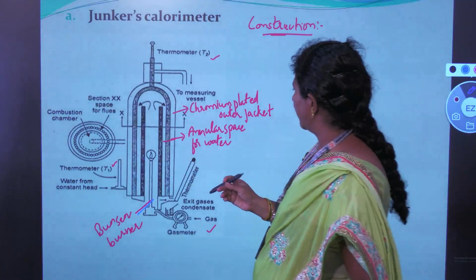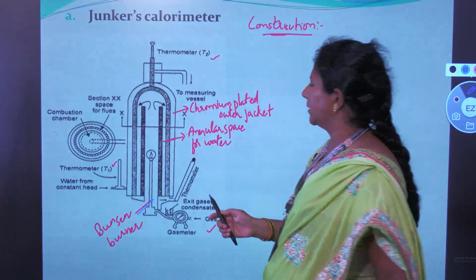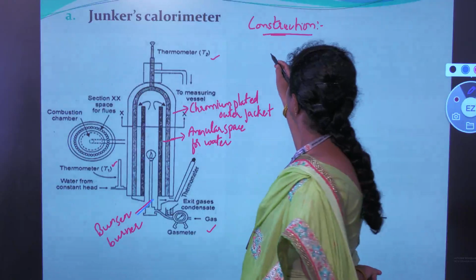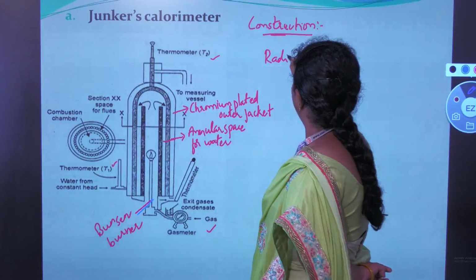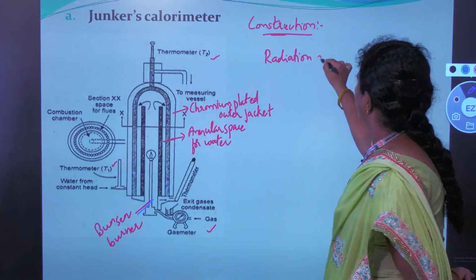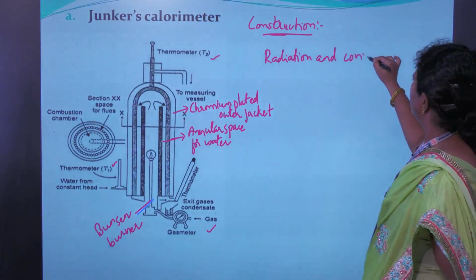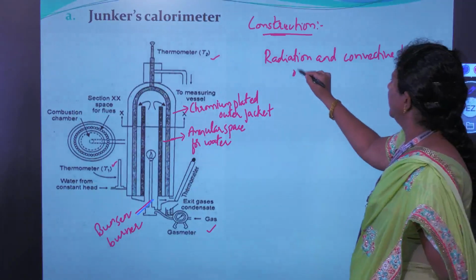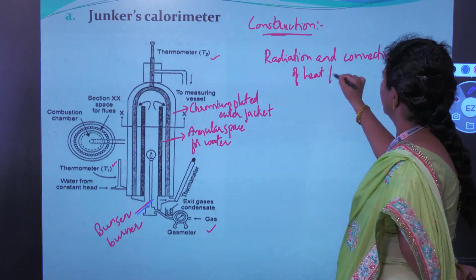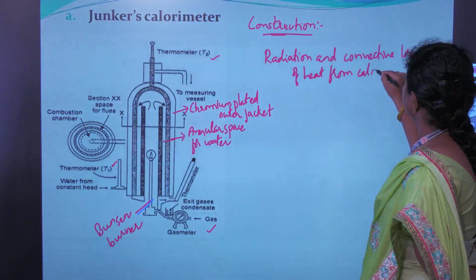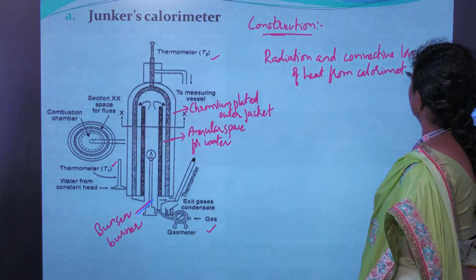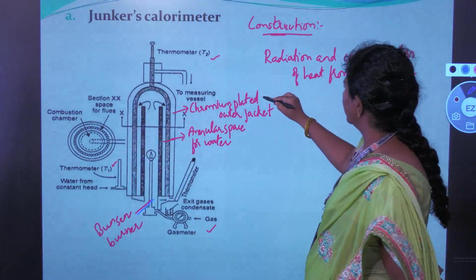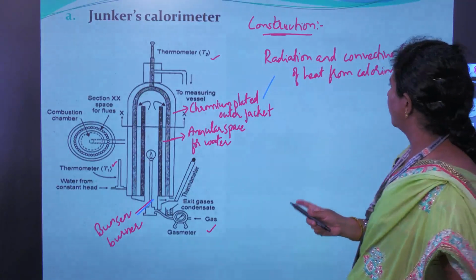And this is again surrounded by an outer jacket which is chromium plated for preventing the radiation and convective loss of heat from calorimeter.